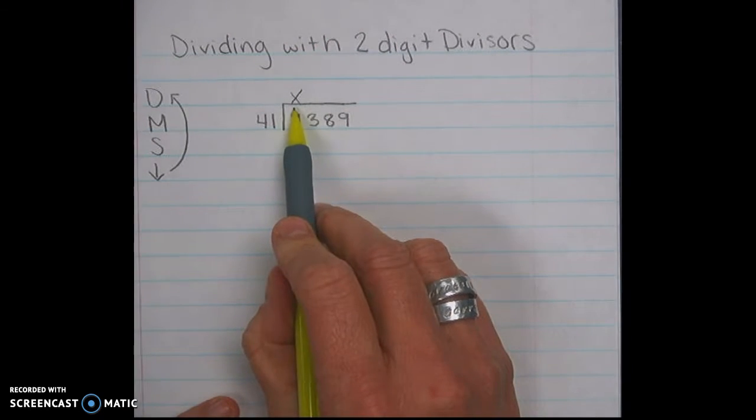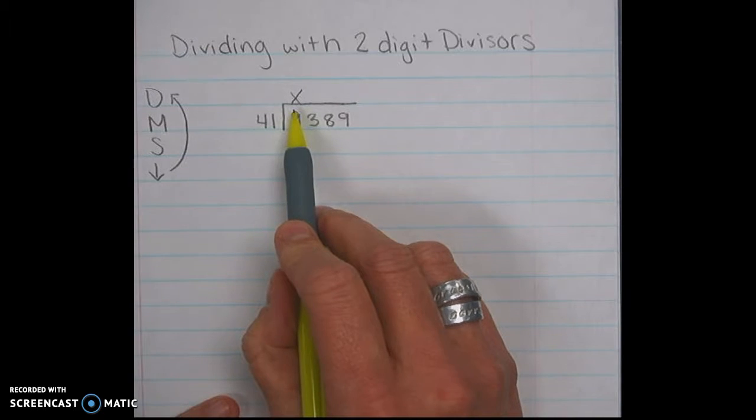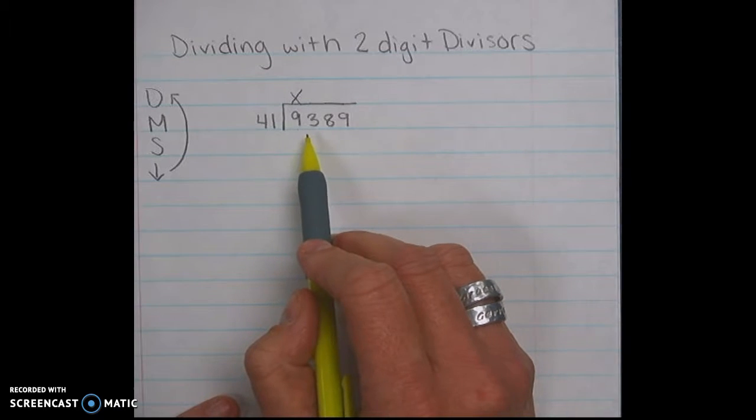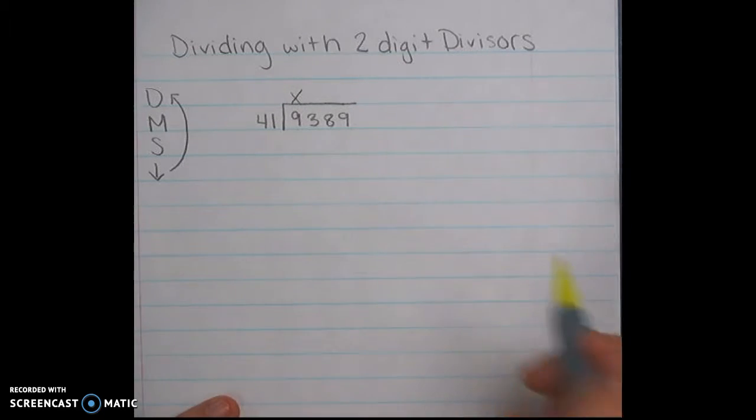Again, remember, this could be a 0 or it can be an X. Some people like to use zeros, others prefer to use an X. I'm okay with whatever you choose to use.